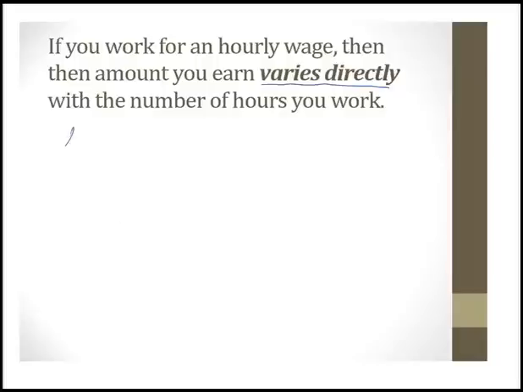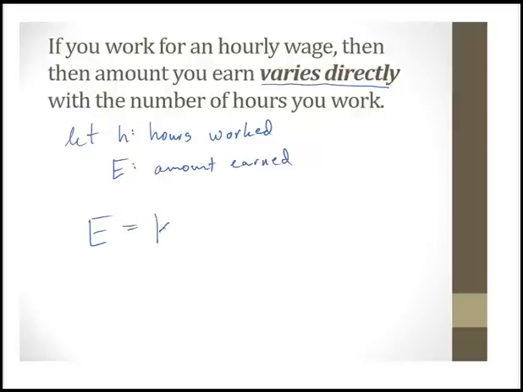If I let H represent the hours worked, and if I let E represent the amount earned, then I can write a model, an equation that represents this situation. And the equation could be written as E, the amount earned, is equal to K times H. The amount I earn is some number multiplied by the number of hours worked.